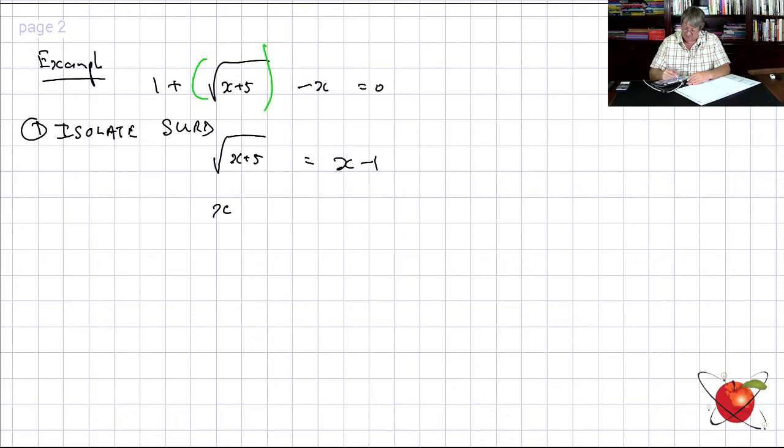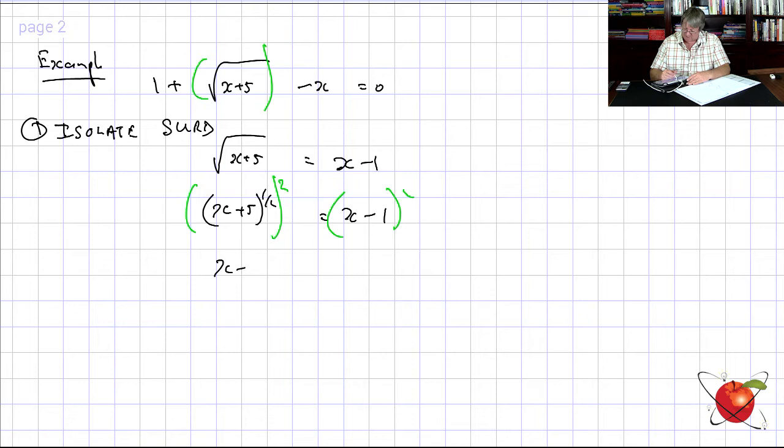Now what do I do? I write it in exponential form: x plus 5 to the power of a half is equal to x minus 1. And now I square both sides, to get rid of the square.